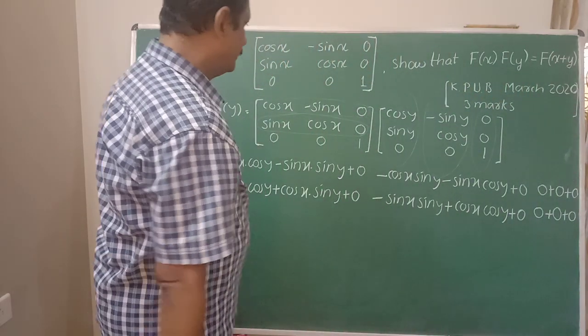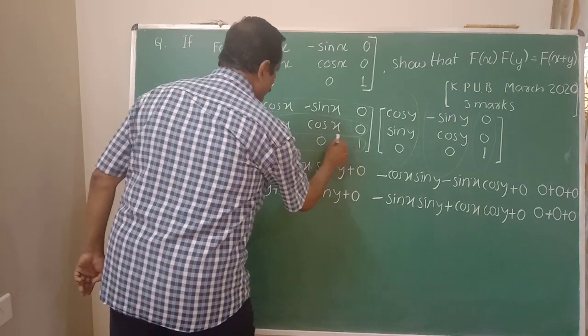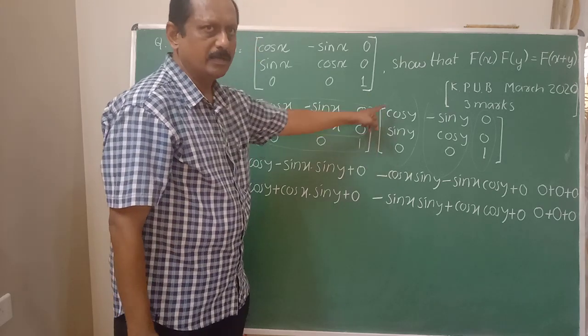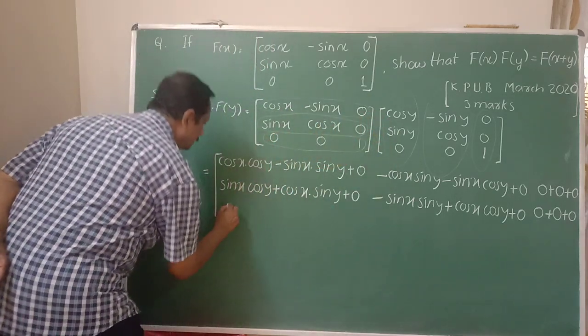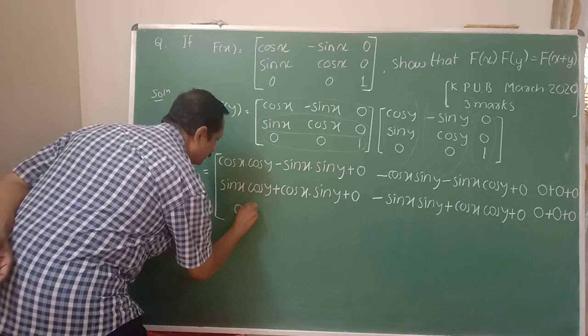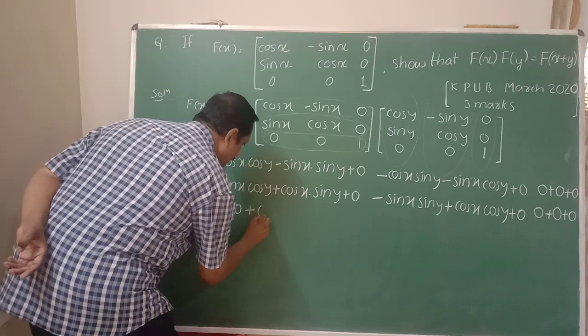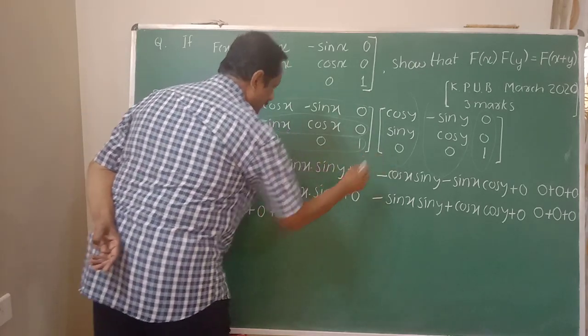Then take this third row here. Multiply this third row with the first column. So 0 into cos y becomes 0, plus 0 into sin y becomes 0, plus 1 into 0 is 0 here.